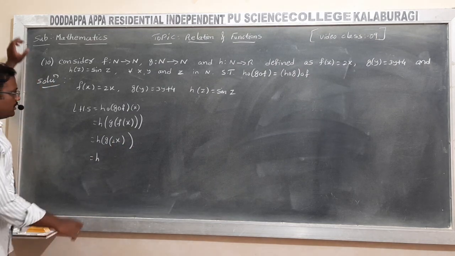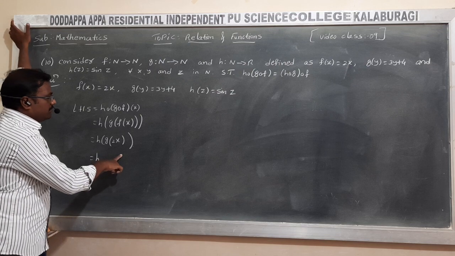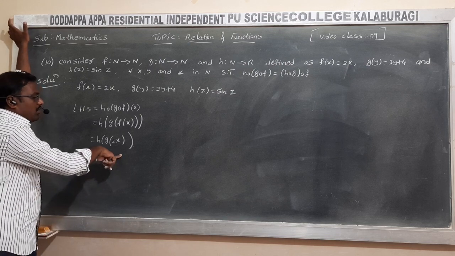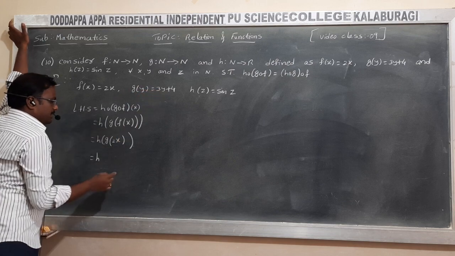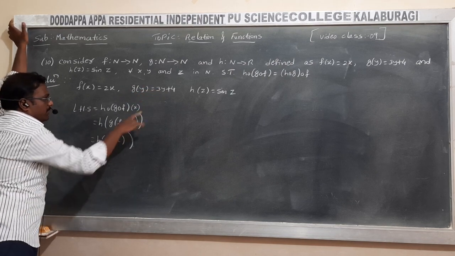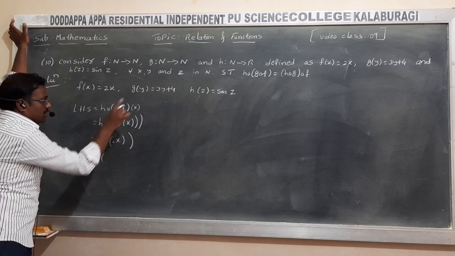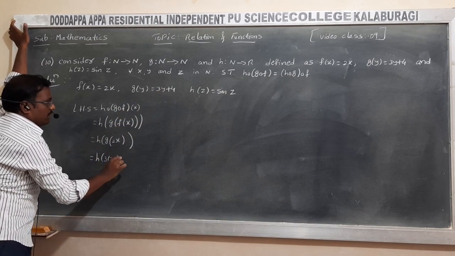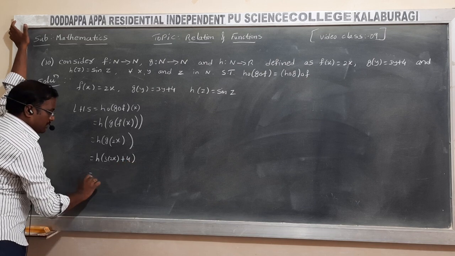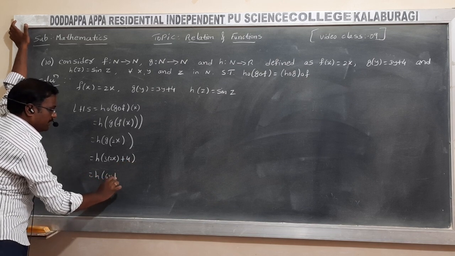Right? So next, g of x value, what is given? Here y is given. If you take x here, it will be 3x plus 4. So in place of x you can substitute 2x, that is 3 into 2x plus 4, that is 6x plus 4.